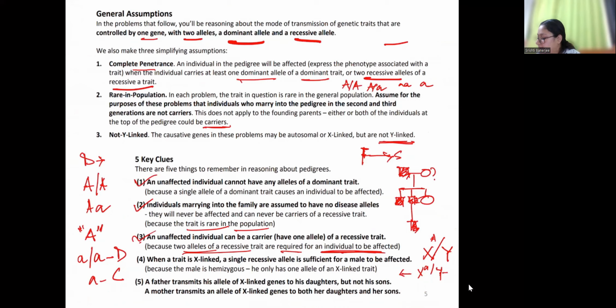So let me write it here. If this is a recessive one, the male will be diseased. But if this is a dominant one, it is non-diseased.